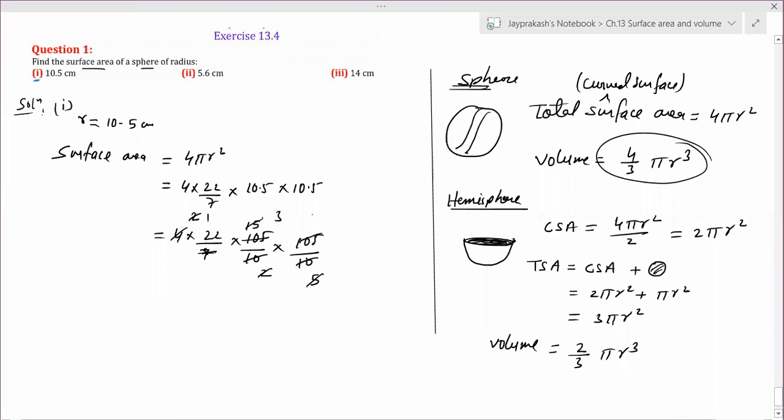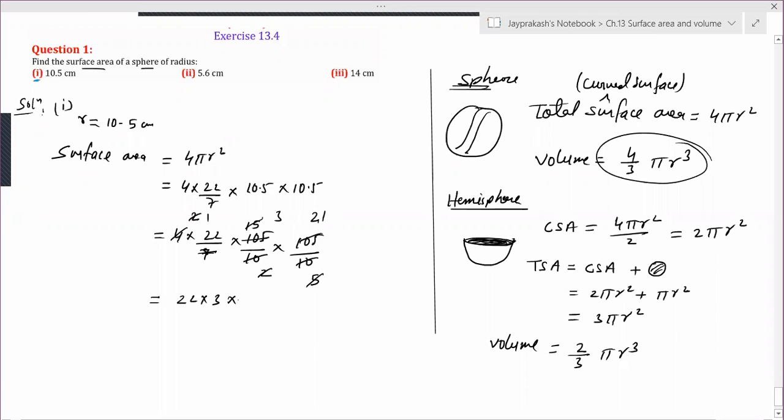And on this side 5 2 ja, 1 ja. So remaining we have 22 into 3 into 21, so 2772. Multiply it once again. 1386 centimeter square.